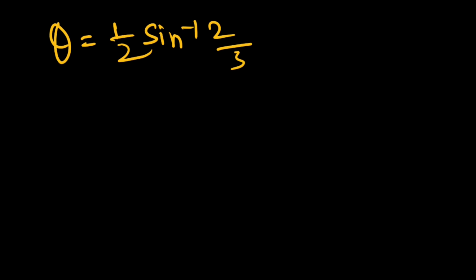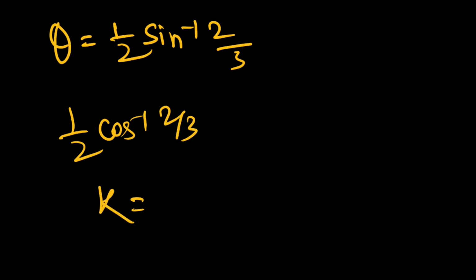Therefore, overall in the question, we first defined theta is equal to half sine inverse 2 by 3, then found the value of half of cos inverse 2 by 3, and put this in the equation for k, and we got k is equal to 3.